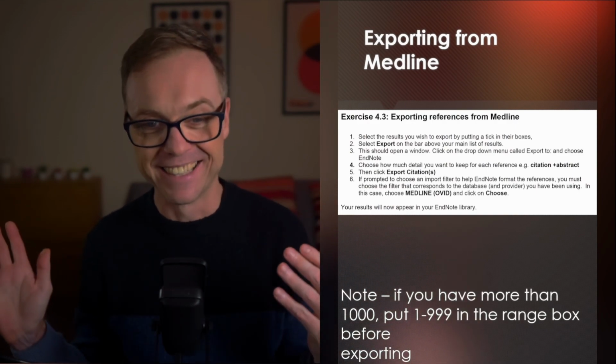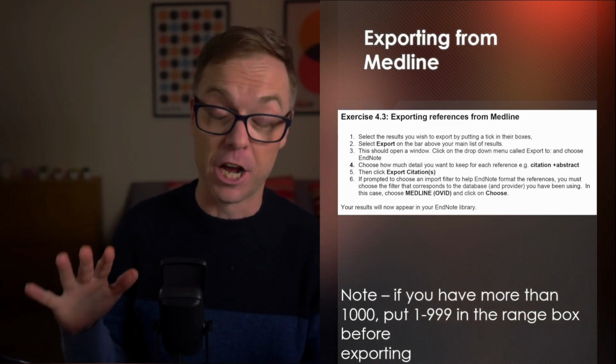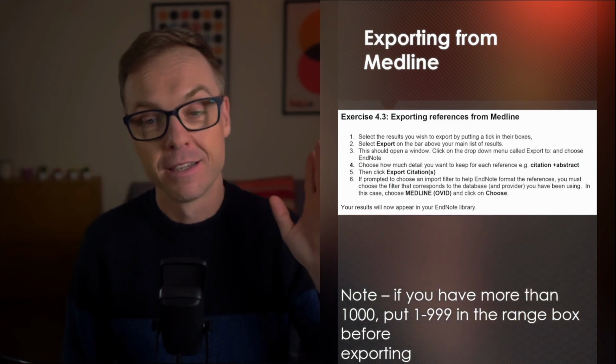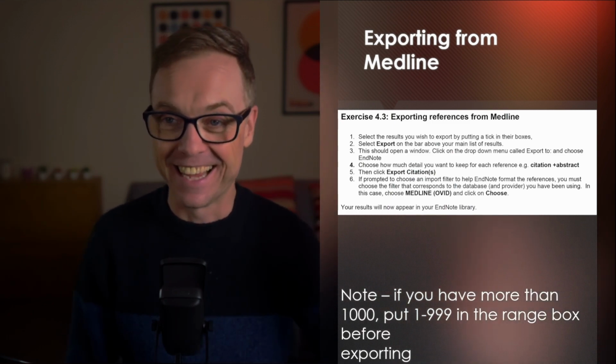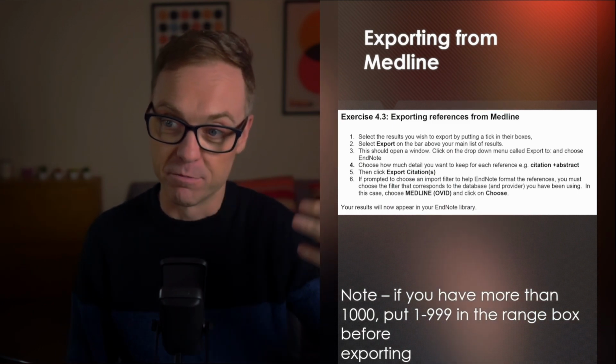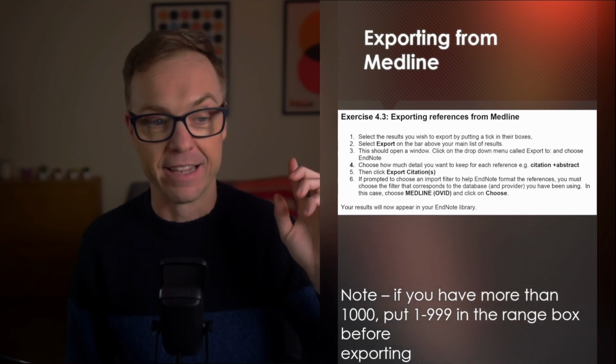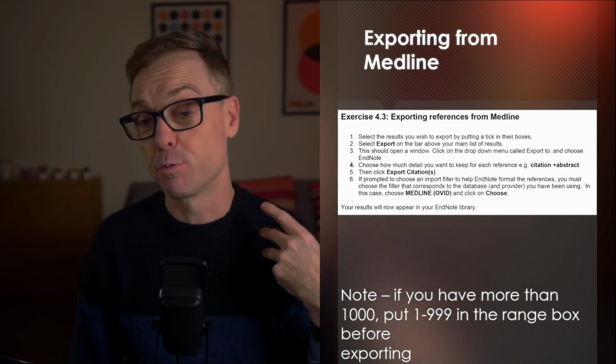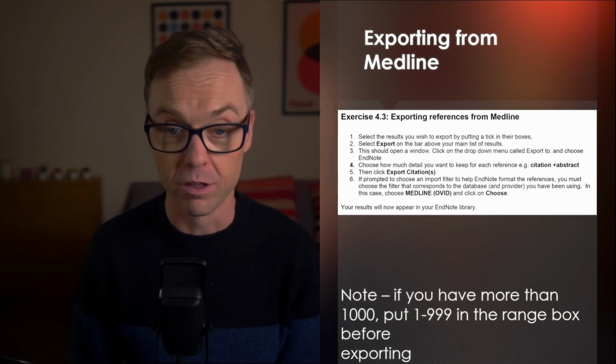Now we're jumping ahead to how we extract, and again I'm going to show you this in practice. You've run your searches in Ovid Medline and you've got some results, and you select the results you want to export. In our case, we're always going to want to export them all.